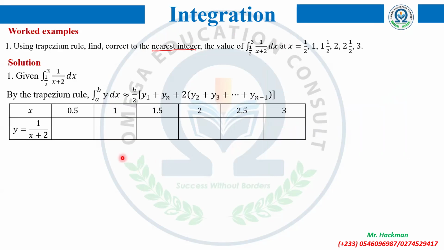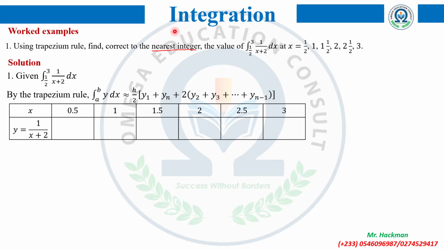When the x values are given, you can easily get your height, because the height will be the difference between consecutive x values, which gives you a common difference. So it's just like you move from half to 1. The gap there is 0.5, which is half. So that becomes your height. Is my point well made, my professors?